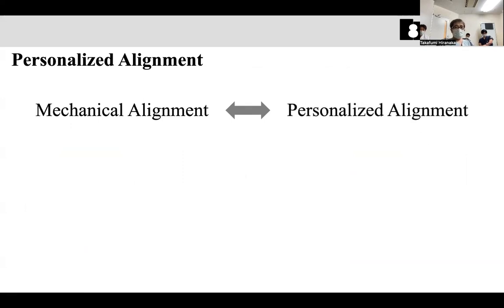But we prefer to use personalized alignment because kinematic alignment, as I presented the day before yesterday, aims at resurfacing using the components through a measured resection technique. That's the so-called true kinematic alignment.